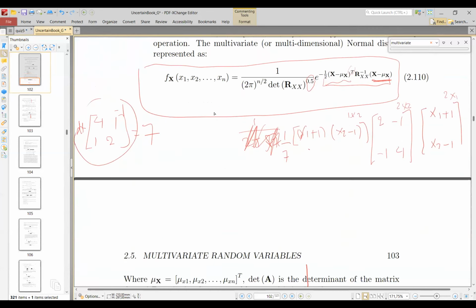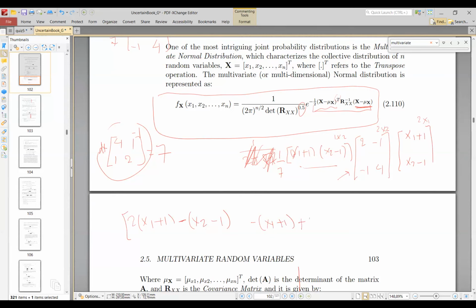This will be the first element. The second element will be the same row times the second column. So it will be minus (x1 plus 1) plus 4 times (x2 minus 1). So this is the result of this row times this matrix.